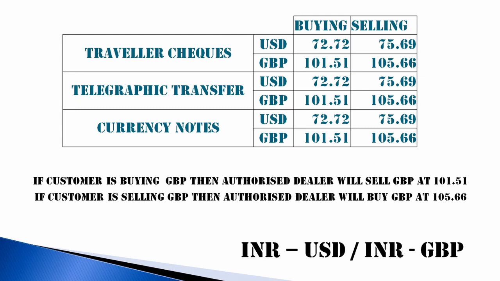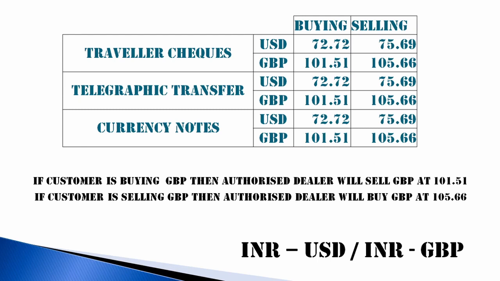For example, buying and selling. Selling means as a customer I want currency, then I go to a dealer. For the dealer it is selling. So if as a customer I want to buy GBP, the authorized dealer will sell for 101 rupees 51 paisa.